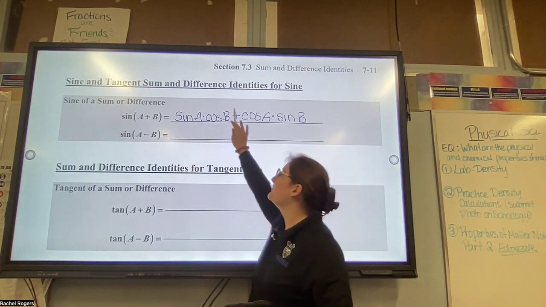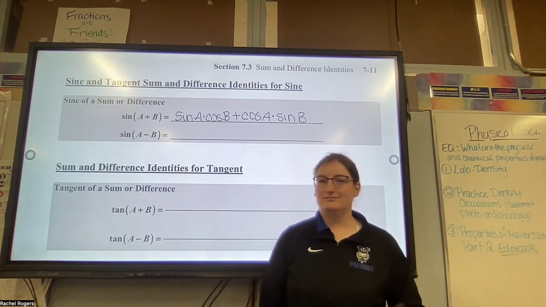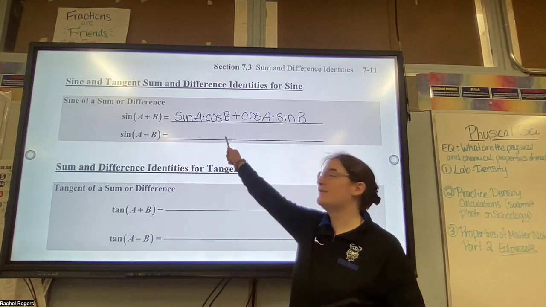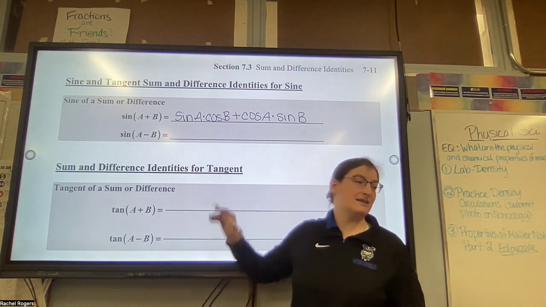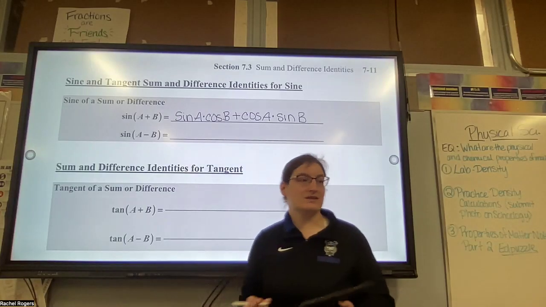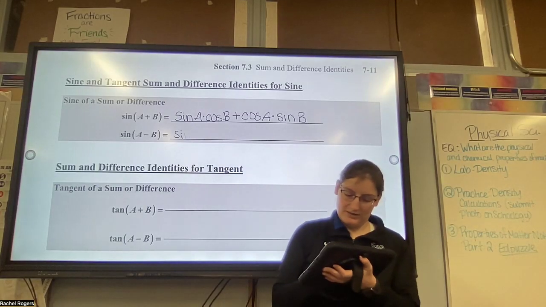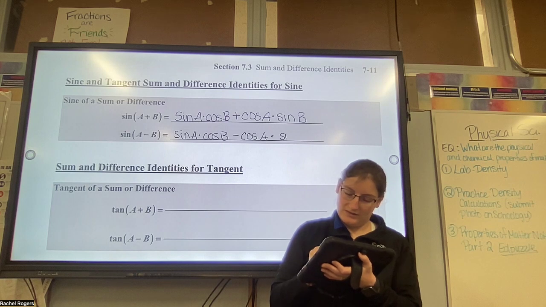And then it's the same positive or negative that you see inside. The good news is that you'll have these for your homework. And then for subtraction, it's the same sine, cosine, cosine, sine with just subtraction in the middle instead. So sine of A times cosine of B minus cosine of A times sine of B.